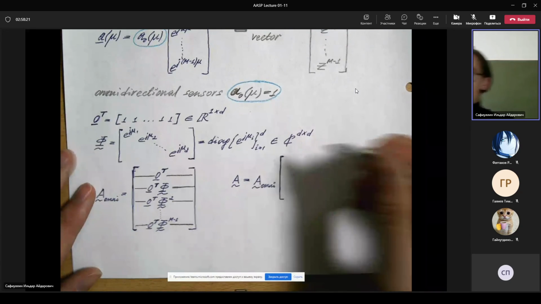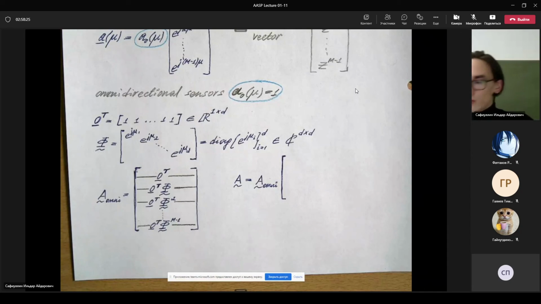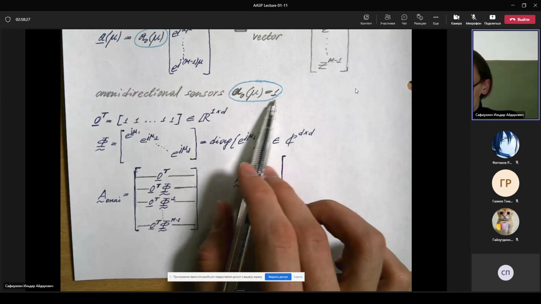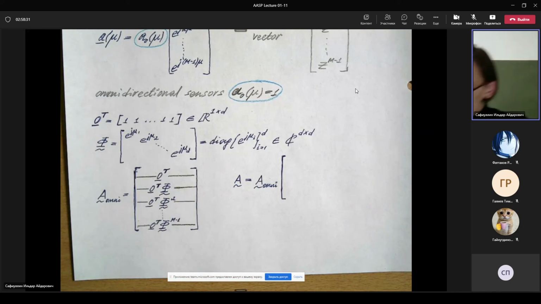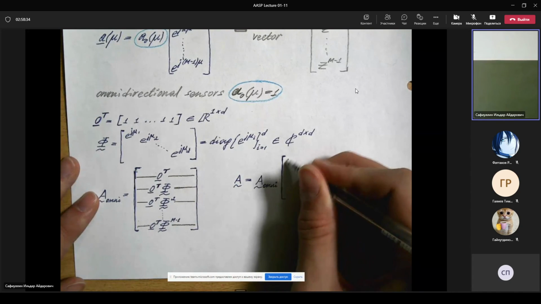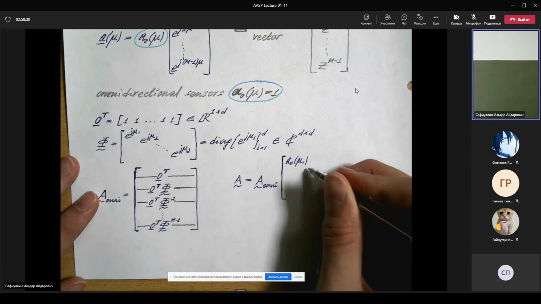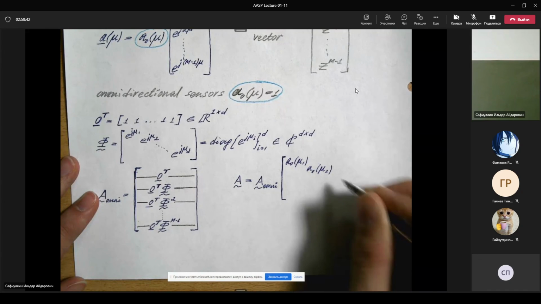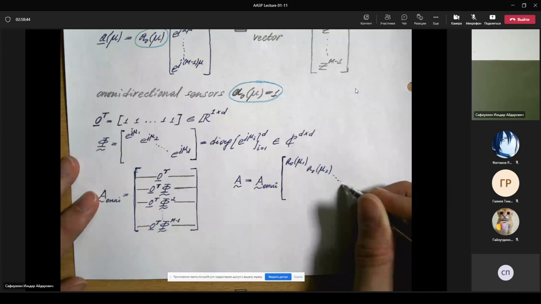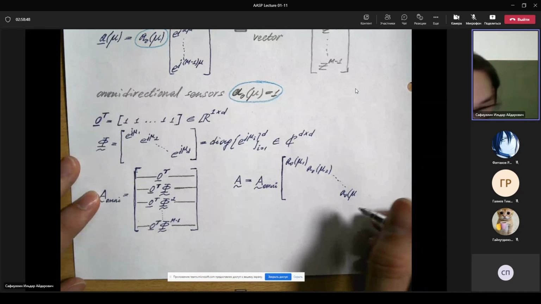So here, instead of A0 of mu, or 1 in this case, if we assume omnidirectional sensors, we will have some A0 for mu1, then A0 for mu2, and up to A0 for mu d.